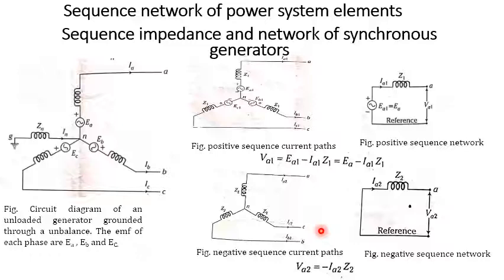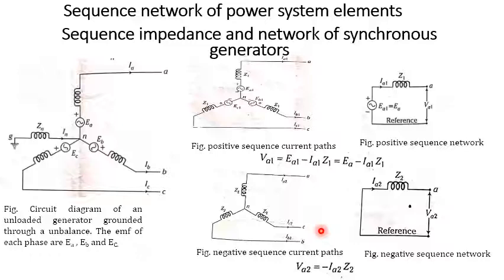So with the flow of these negative sequence currents in the stator, a rotating field is created, which rotates in the opposite direction to that of the positive sequence field, and therefore at double synchronous speed with respect to the rotor.